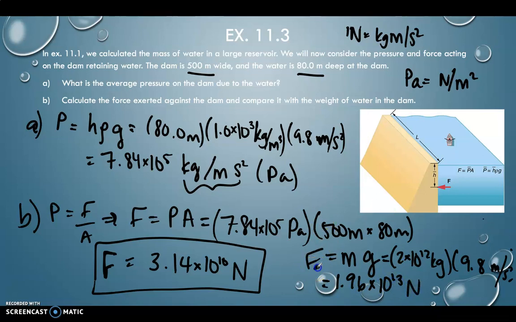Okay, so this is the weight of the water versus that force being exerted. Okay, and so you can see the difference, which one's higher than the other. This is 10 to the 10th, this is 10 to the 13th. So it's not exerting the same amount of force that the water weighs. Okay? All right.